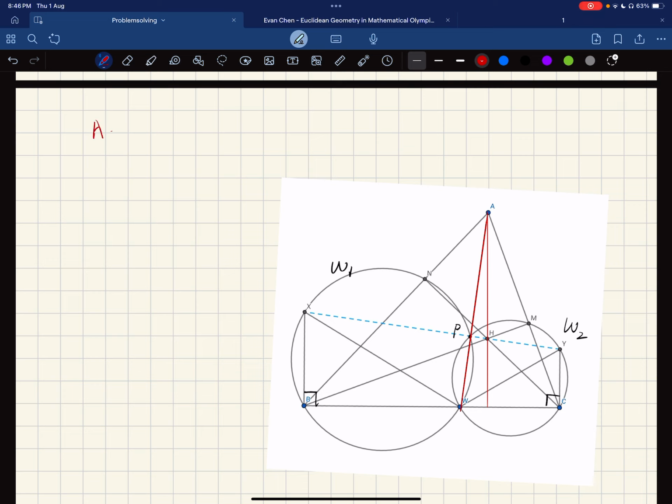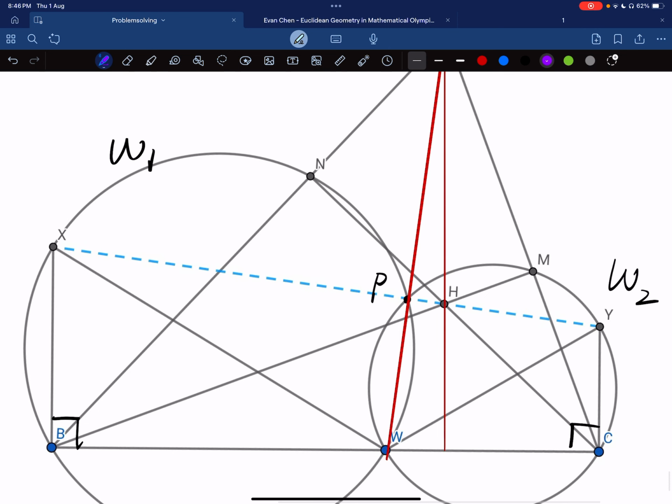We have A, P, W collinear. Then AP times AW equals AM times AC, which is equivalent to triangle APM being similar to triangle ACW. So if we connect the points P and M, we will find that the angle ACB equals the angle APM.